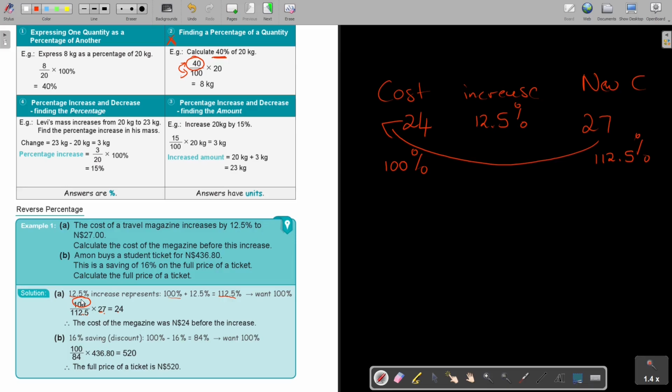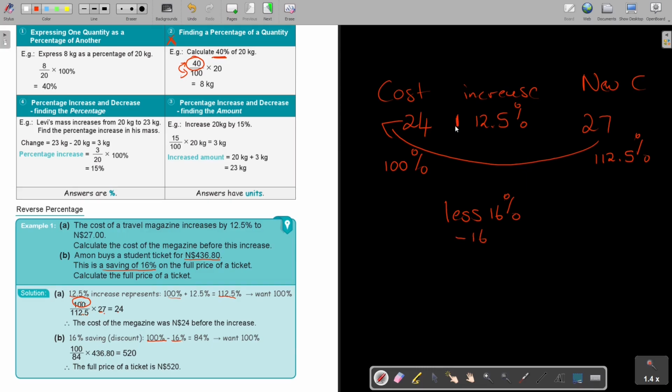Let's go on. That was the increase. Now, Armand buys a student ticket for 436.8. This is a saving of 16% on the full price of the ticket. Calculate the full price. So again, you buy the ticket, so it's less, don't forget, not an increase, 16%. So that's why I will take 100 and I will subtract the 16%.